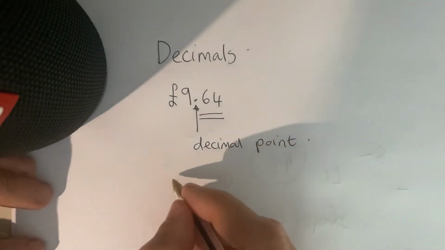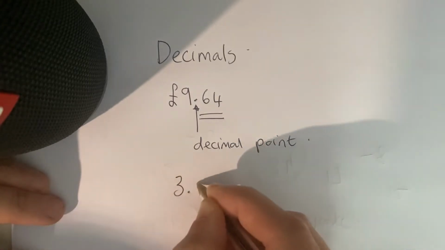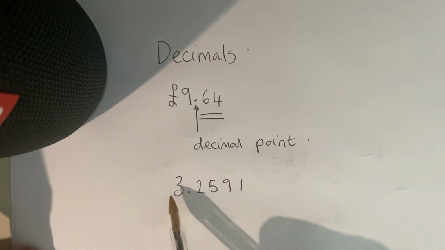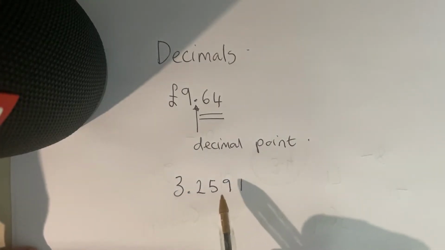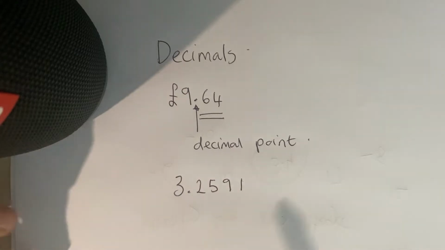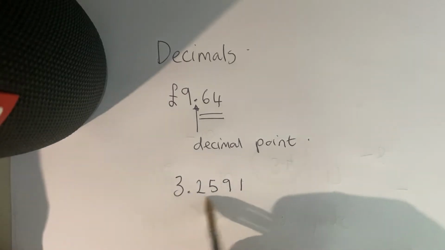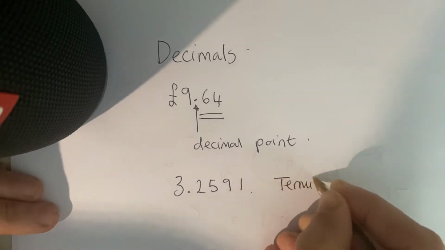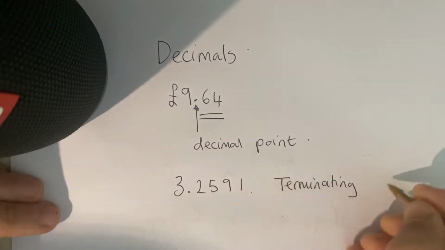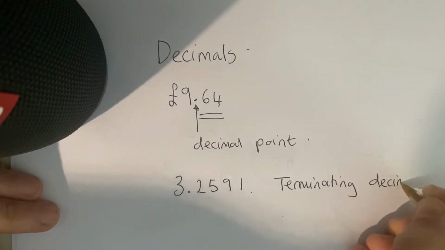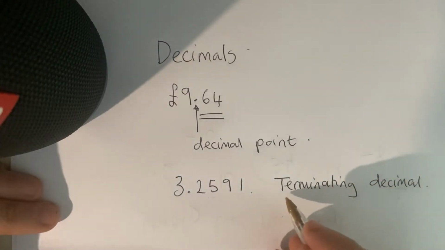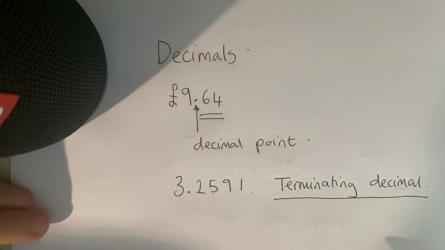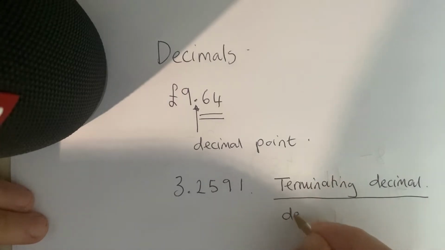So for example, if I had a number which was 3.2591, we would call this a terminating decimal, because this has ended. Terminating decimals refer to decimals with a natural end.